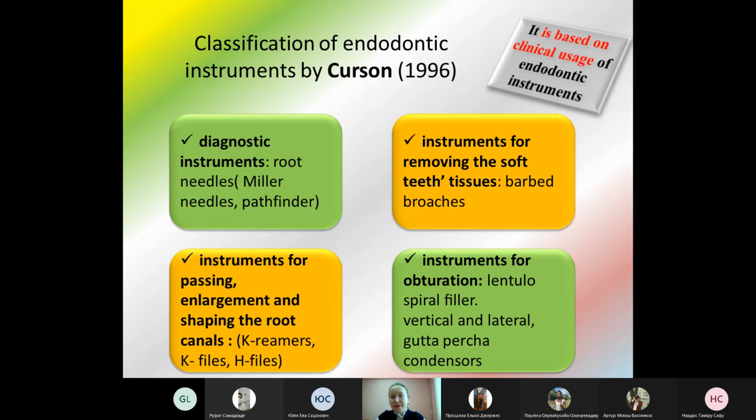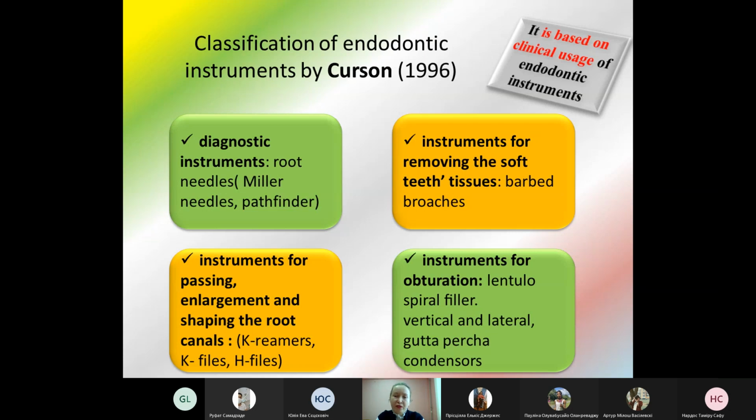But despite this international standard organization classification, in clinical practice it is proposed to use the classification by Courson that was proposed in 1996, and it is based on the clinical usage of endodontic instruments.